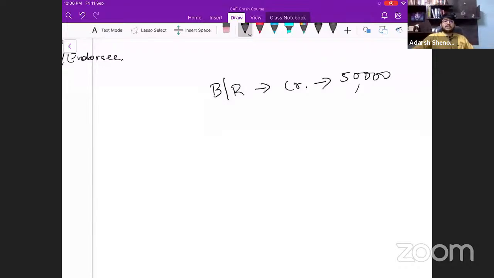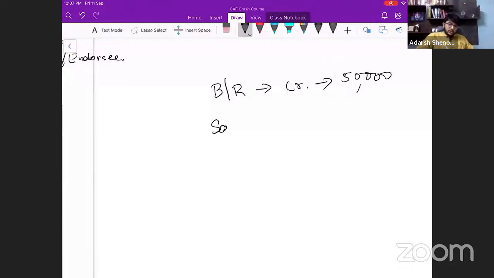What about Sanjay? Sanjay was a creditor. Your liability, you're giving him an asset. So is your liability towards Sanjay coming down or going up? It is reducing, it is going down. When the liability goes down, you should debit that liability account. Yes or no?